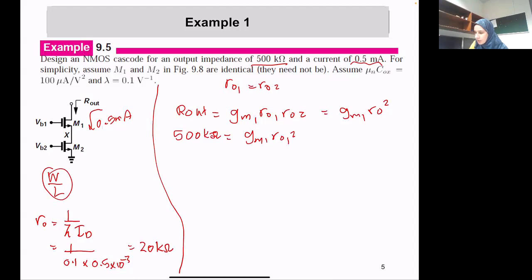So now from here we get GM1 equals 1 over 800 ohm inverse.